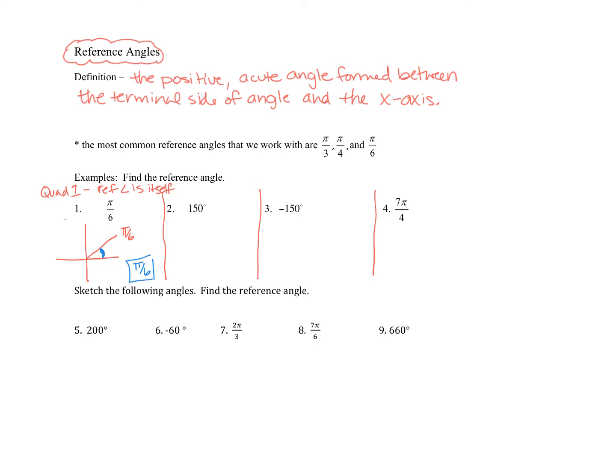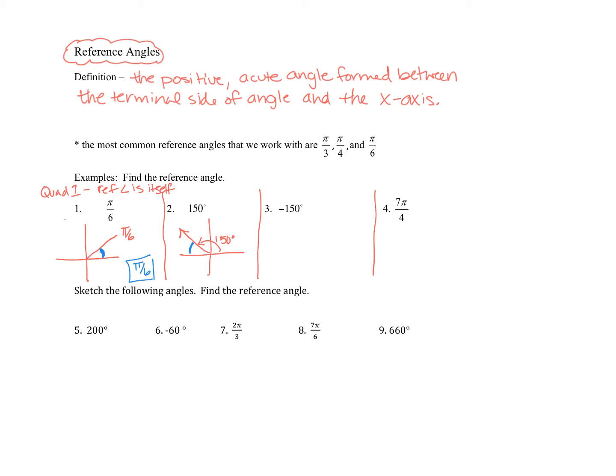So let's take a look in the second quadrant, something like 150 degrees. I want to find my reference angle. So first I need to think about where it's at. My reference angle is the positive acute angle formed between the terminal side and the x-axis. It's this blue angle right here.